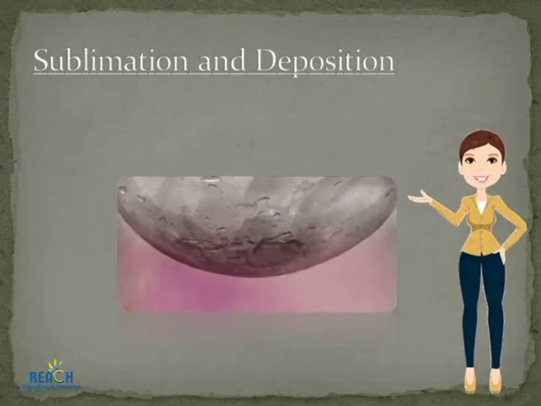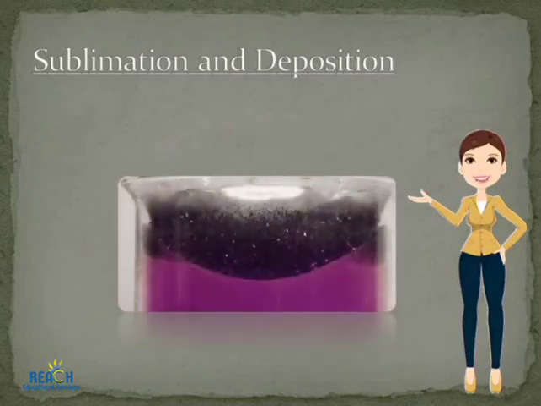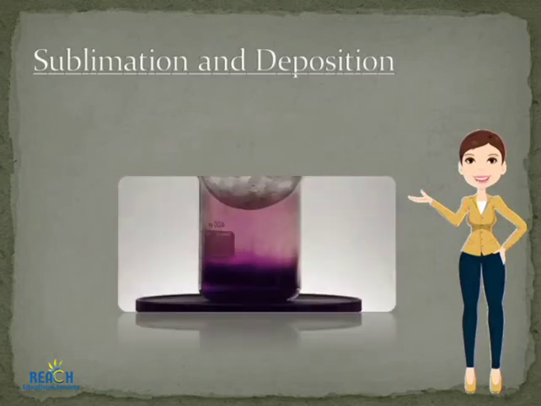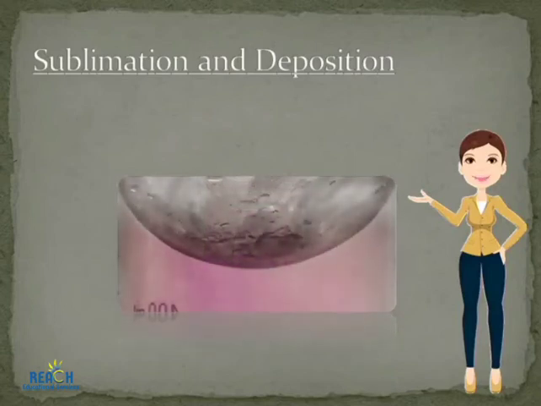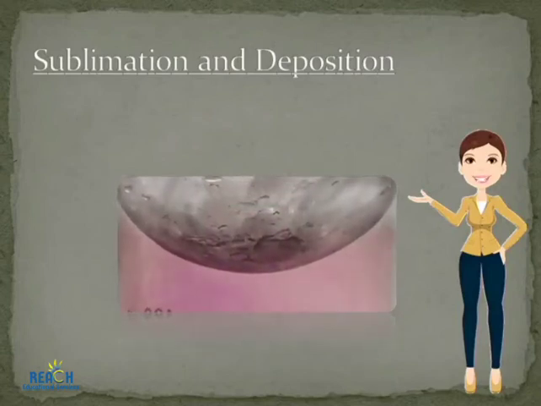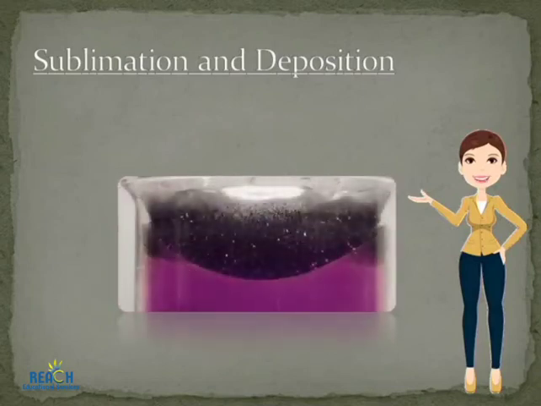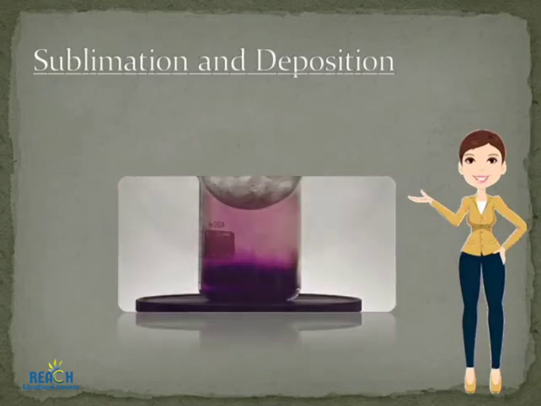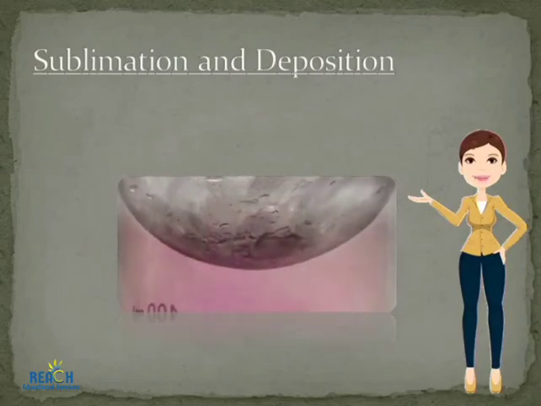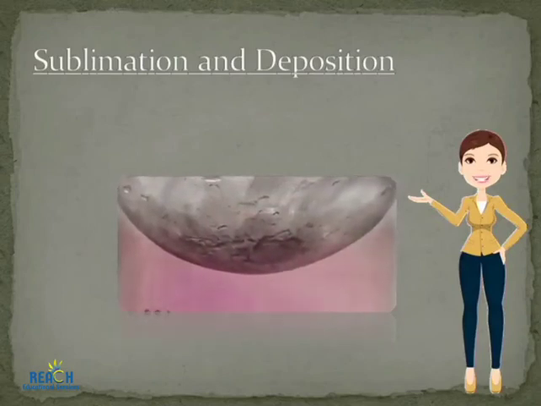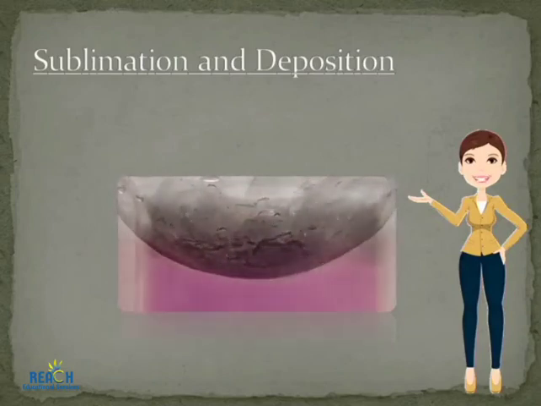When this happens, the iodine crystals move from being solids straight into the gaseous phase. When these gases are cooled, guess what happens? They move right back to being solids.